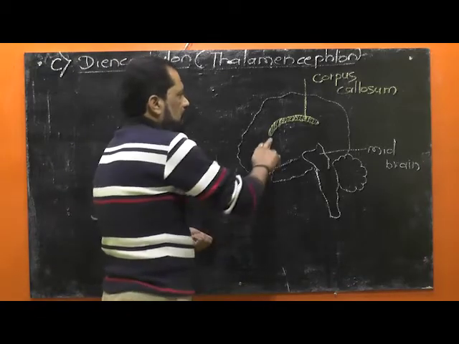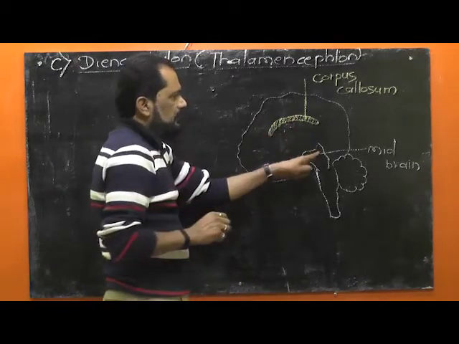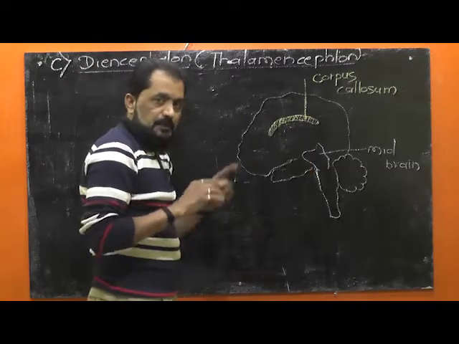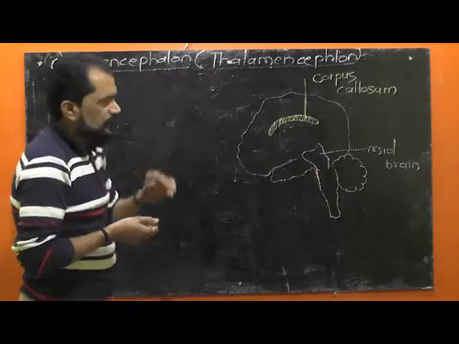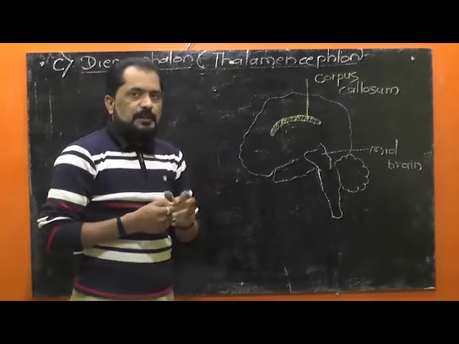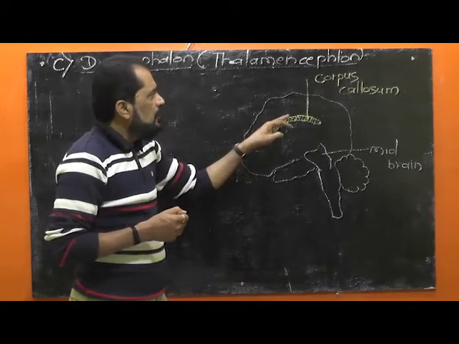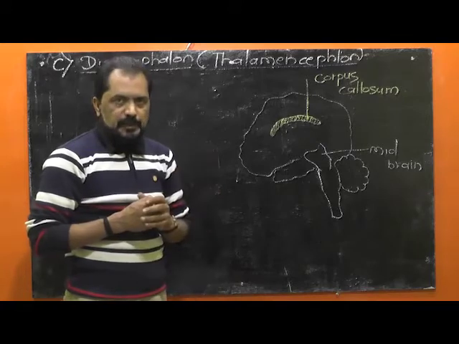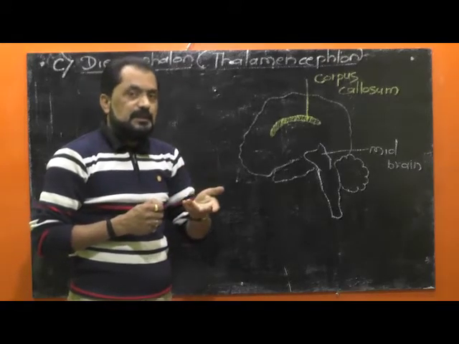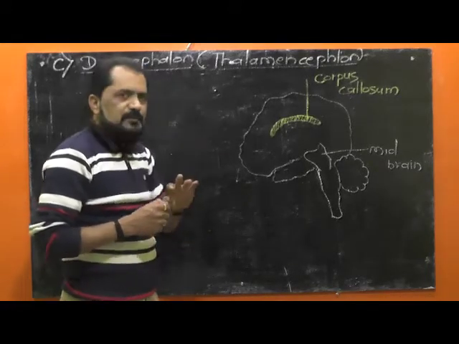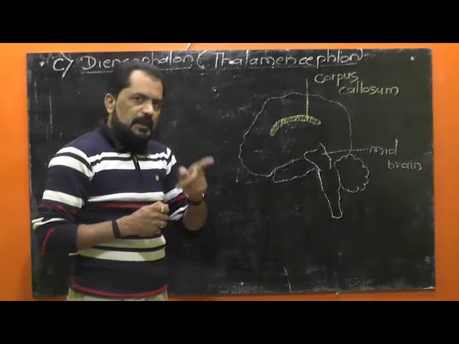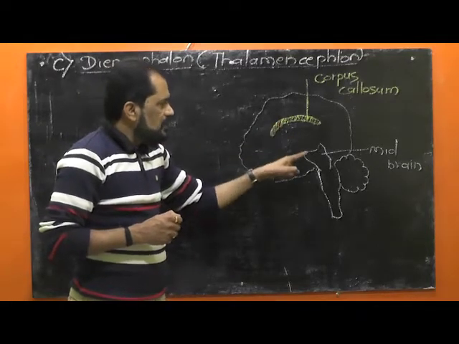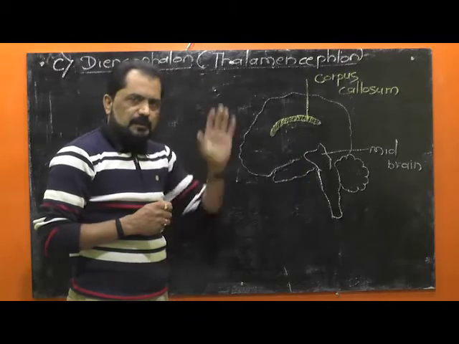Now, we know that here is the corpus callosum and it is the midbrain. Now, the diencephalon, thalamencephalon, it is located below corpus callosum and above midbrain. Or in other words, we can say that diencephalon is located in between corpus callosum and midbrain.